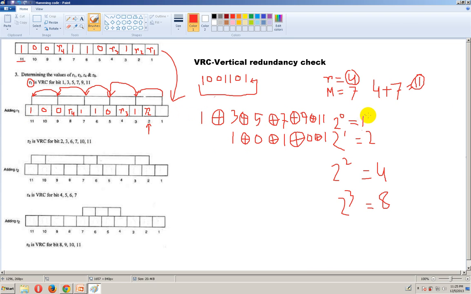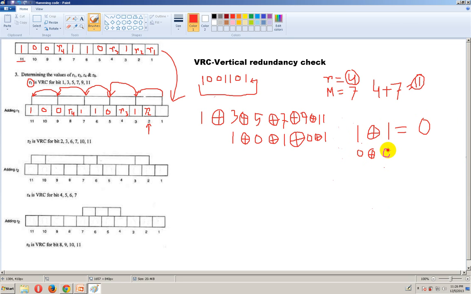Do you remember the exclusive OR relationship? If 1 exclusive OR 1, it should equal 0, right? Then 0 exclusive OR 0 should be 0.